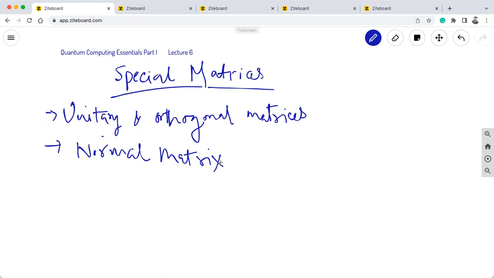Then we will discuss some other matrices like the symmetric and Hermitian matrices.